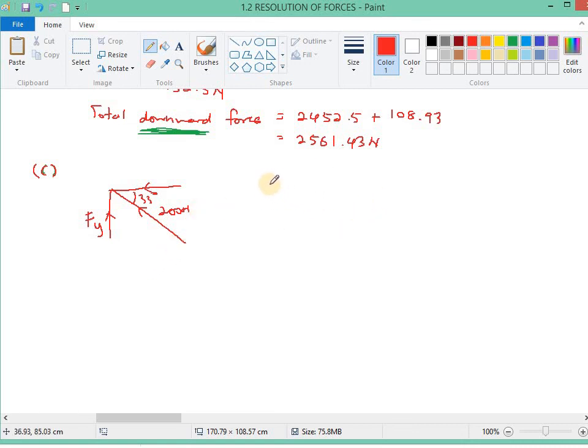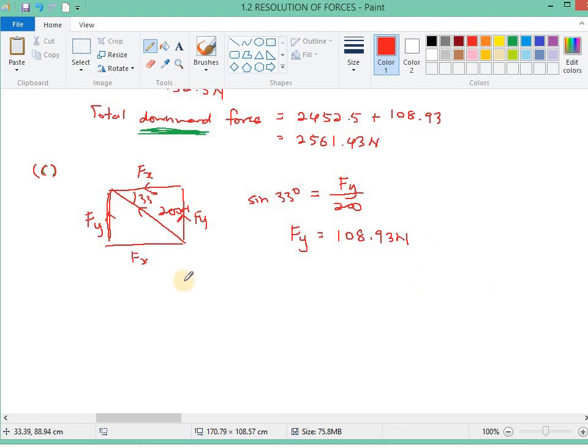To calculate the vertical component which is upward, actually it is the same, because this Fy here is also Fy here. This one is Fx. So it's still sine 33 degree equals Fy over 200. So you still get 108.93 Newton, but this time it is upward.